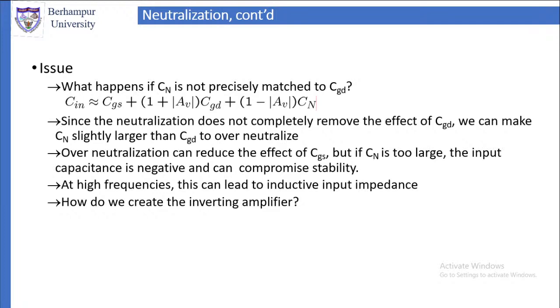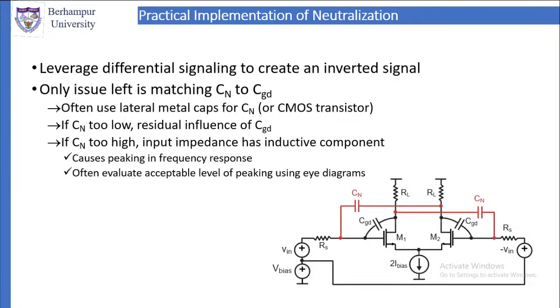Now, the question is how we are going to invert the amplifier. How can we create inverting amplifiers? For practical implementation of neutralization, we will leverage differential signaling to create the inverted signal. Look at this circuit.